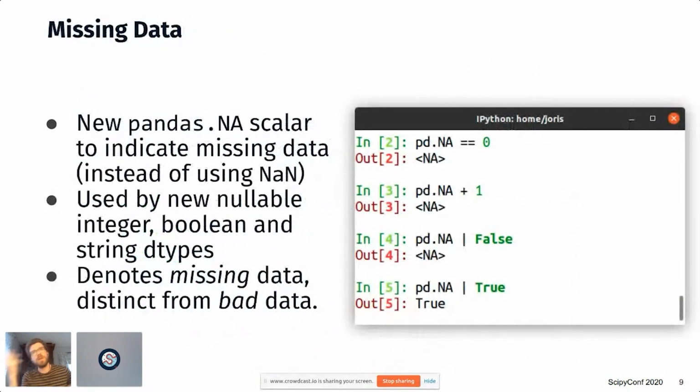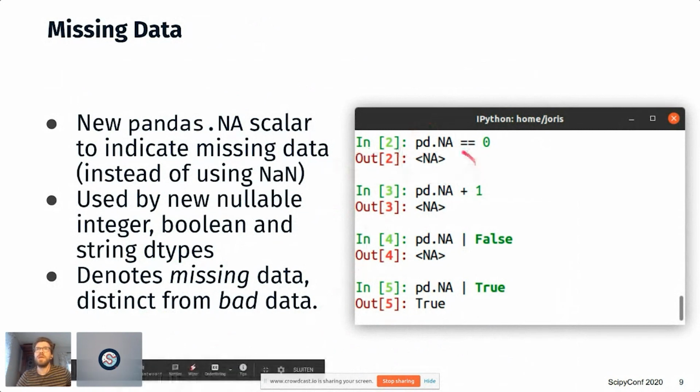Another new, experimental feature that I want to highlight is a new pandas NA scalar as an indicator for missing data instead of NaN, which is used right now mostly as the missing value indicator, but which is actually only for floating point data. The NA scalar behaves a bit differently from NaN.